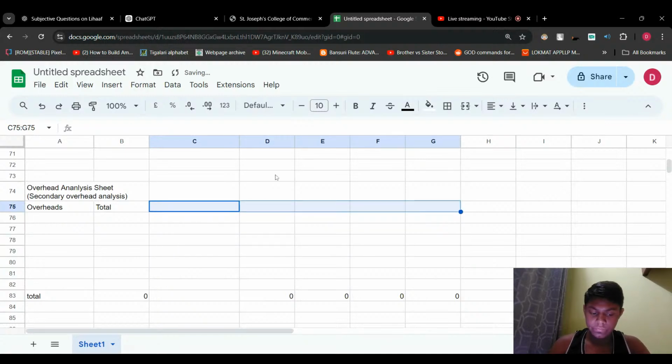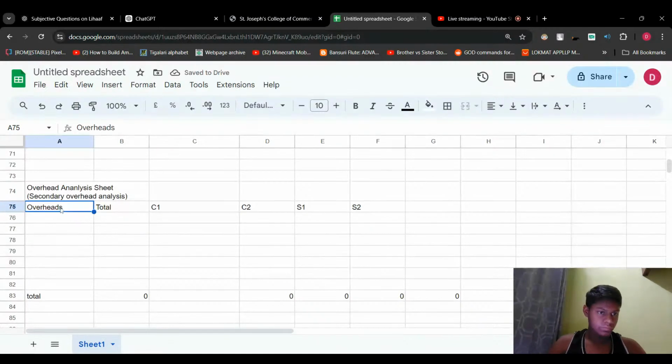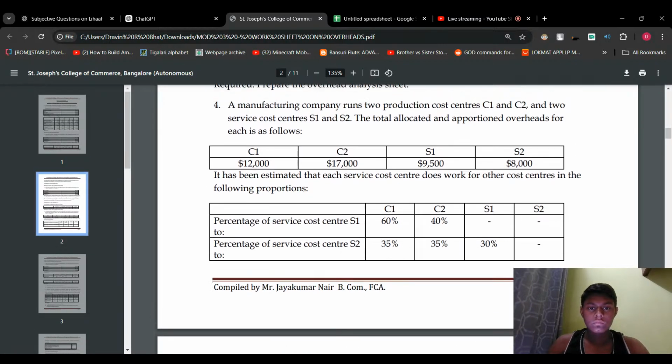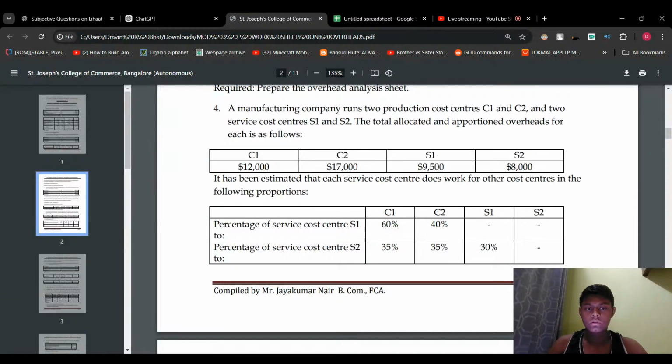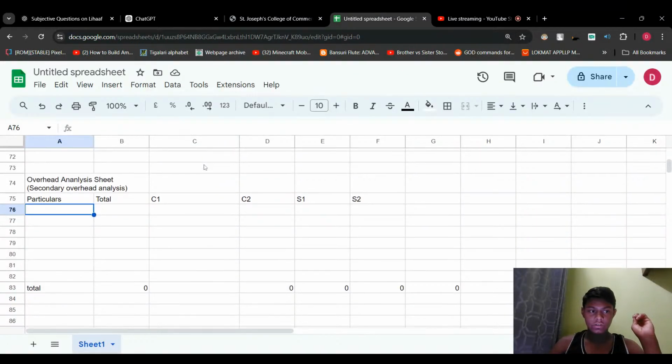Over here, insert C1, C2, S1, S2, with particulars instead of overheads. It has been estimated that each service center works for the other cost centers, with percentages for S1 and for S2 of 30%, 35%, and 35%. That's the reapportionment of cost center.